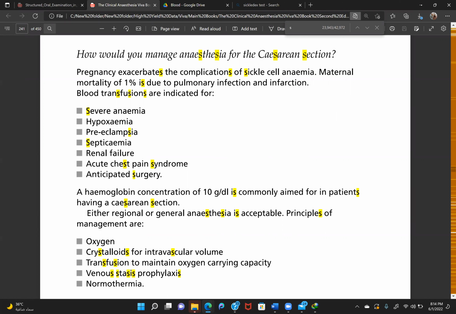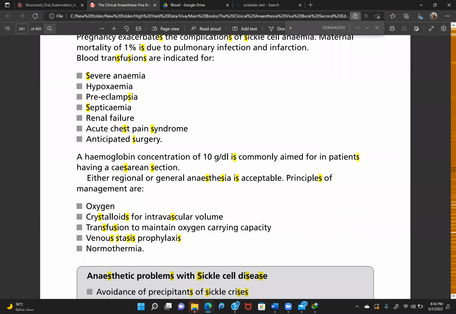And as I told you, you should not try to overcorrect it. More than the hemoglobin level, what is important is the hemoglobin S level. We will shortly see what the acceptable hemoglobin S is. I think it should be less than 40. I forgot the exact number, but I think it should be less than 50 or something. I will reconfirm it.